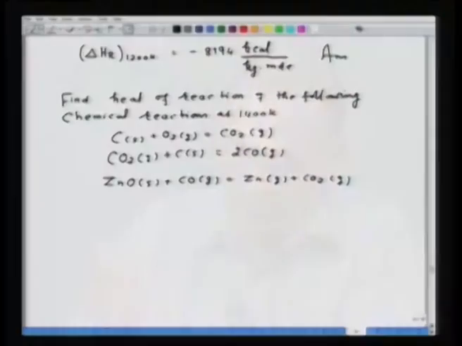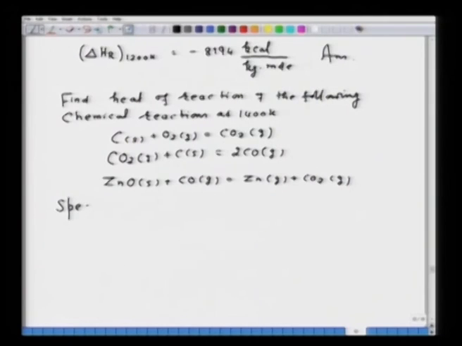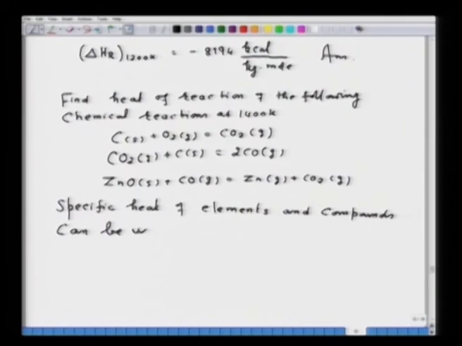You know, the specific heats of elements and compounds can be used to calculate heat content, because here you are not restricted to the temperatures given in the table.